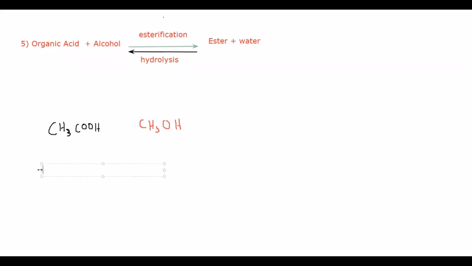So this one is ethanoic acid, and the other one is methanol.